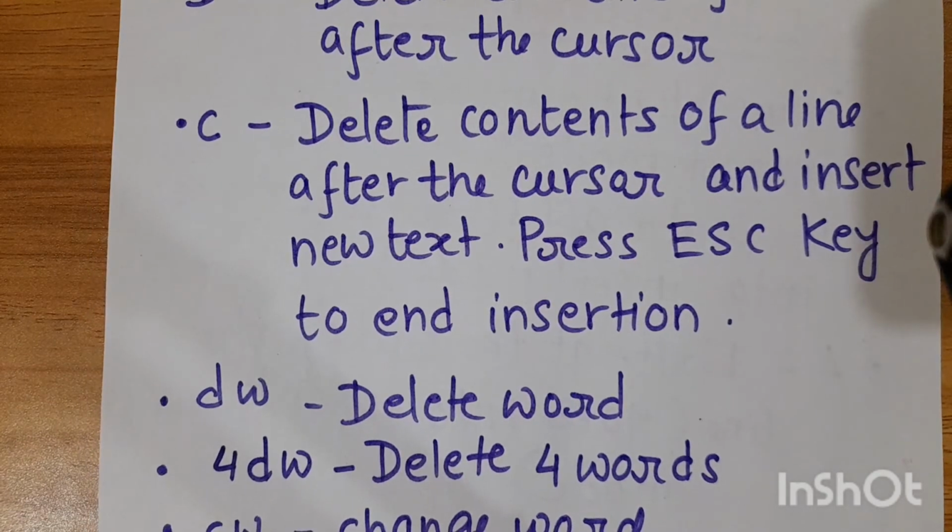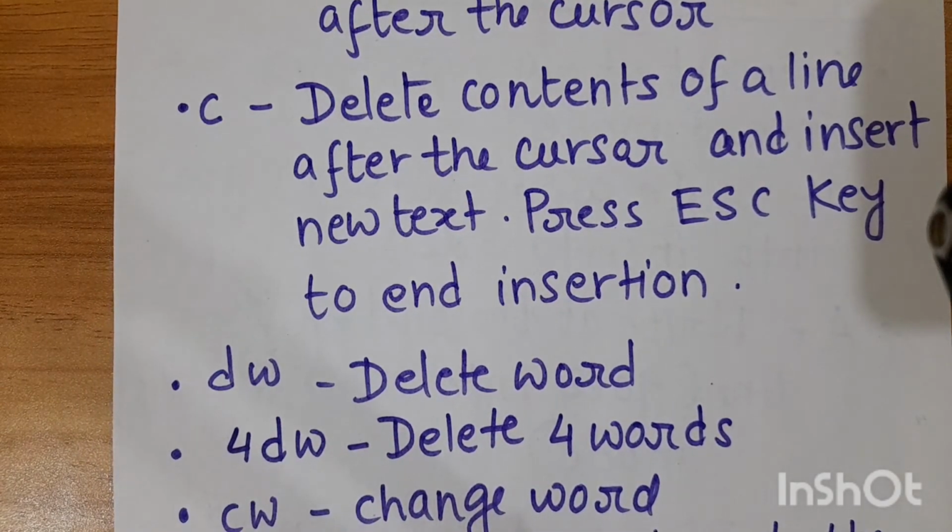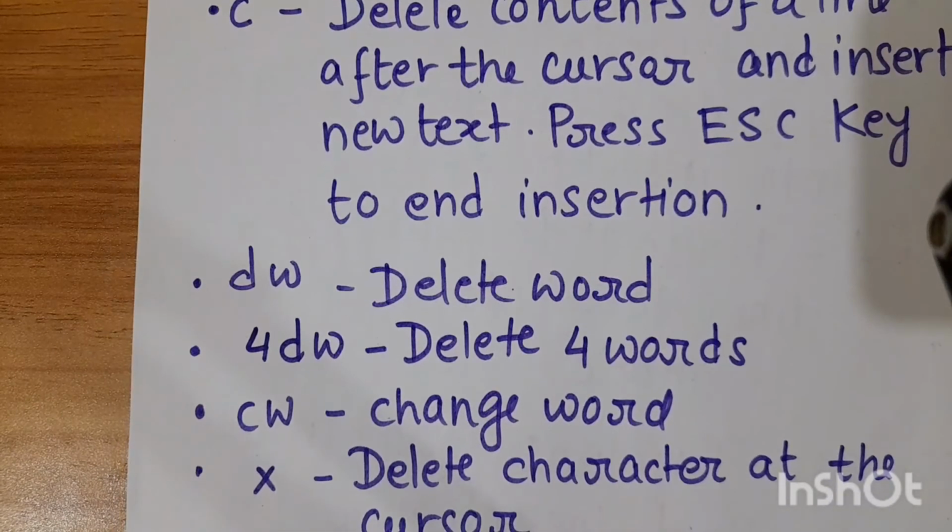Small d, small w is for deleting a particular word. 4dw means delete 4 words. Small cw means change the word. Small x means delete the character at the cursor.